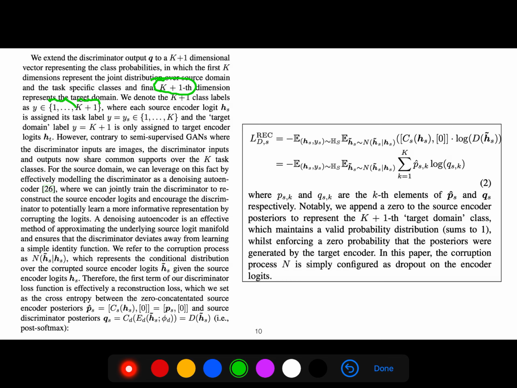A denoising autoencoder is an effective method of approximating the underlying source logit manifold and ensures that the discriminator deviates away from learning a simple identity function.